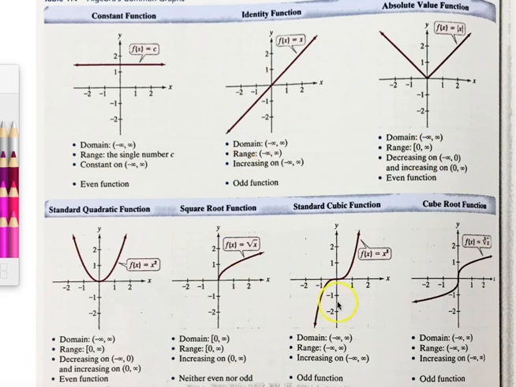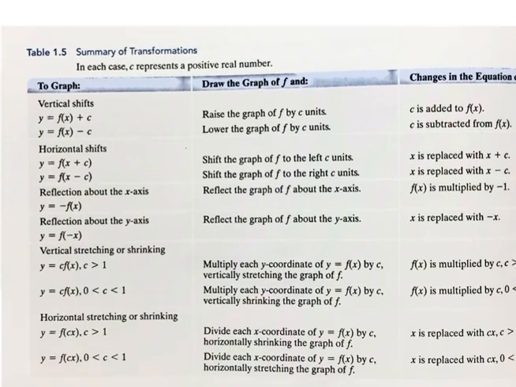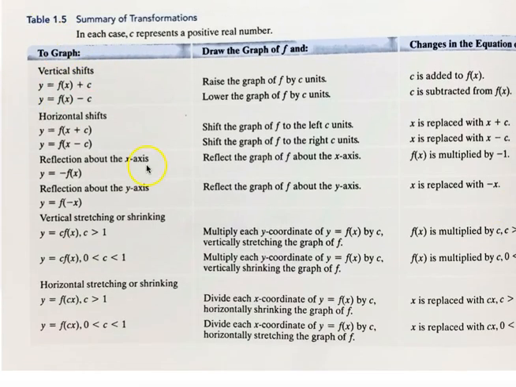So I just wanted to draw your attention to this. Obviously, you can see this in your text at any time, but I just wanted to point out that it's there for you if you feel like you need to review those parent functions. And then in table 1.5, they've got a summary of the transformations.